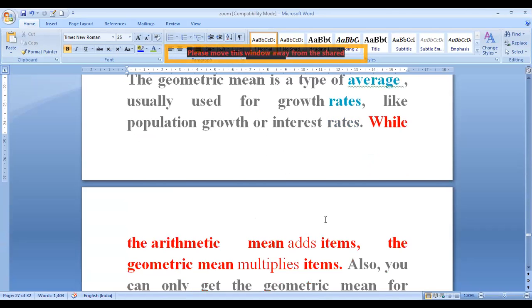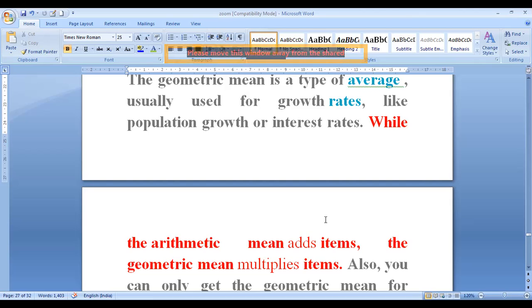While the arithmetic mean adds items, for example, when you calculate the arithmetic mean, it adds all the n observations. The geometric mean, at the same time, multiplies the items.